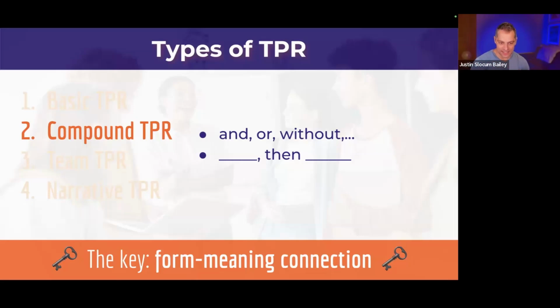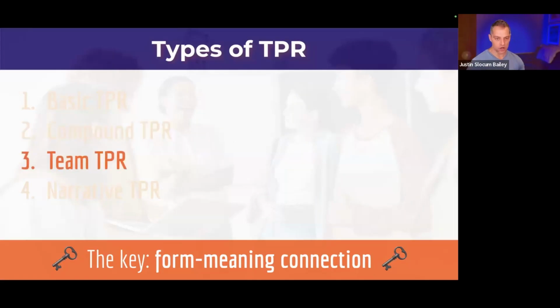And that takes us into one of my favorite versions of TPR that I learned from, I don't know if he invented it, but I learned it from Jason Fritz, who's a great Spanish teacher out in Southern California, which I'm calling team TPR. What you do here is you break the class up into 2 or 3 groups, teams, as it were.